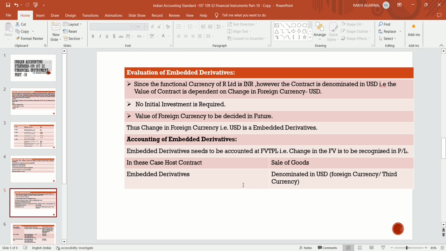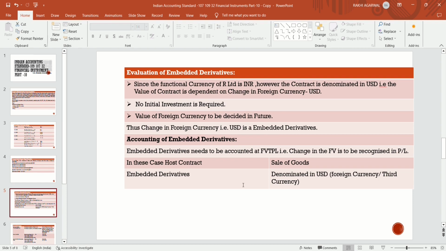No initial investment is required. The value of foreign currency is to be decided in future. So it is fluctuating. Thus the change in foreign currency, that is USD, is an embedded derivative. It needs to be accounted at fair value through profit and loss account. That is, the change in fair value is to be recognized in P&L.